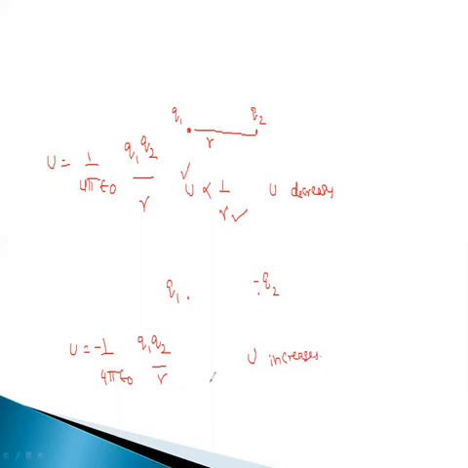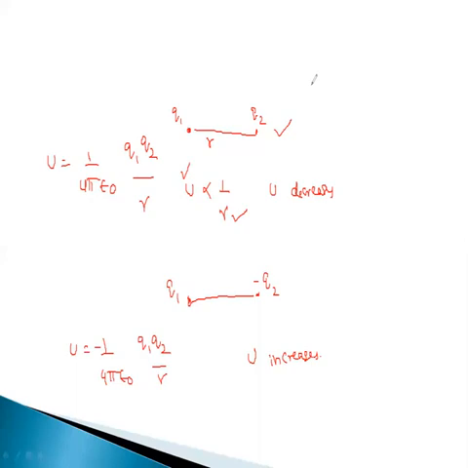That means between charges of the same sign, when R increases, potential energy decreases. But in case of potential energy between two opposite charges, when R increases, potential energy also increases.